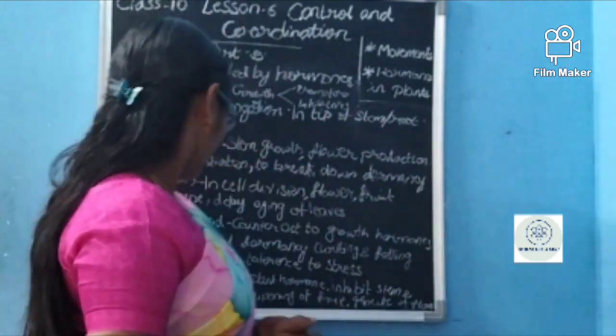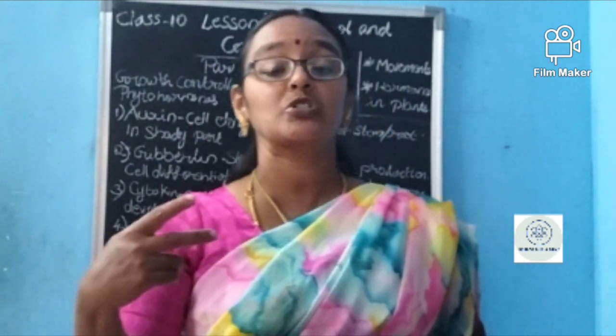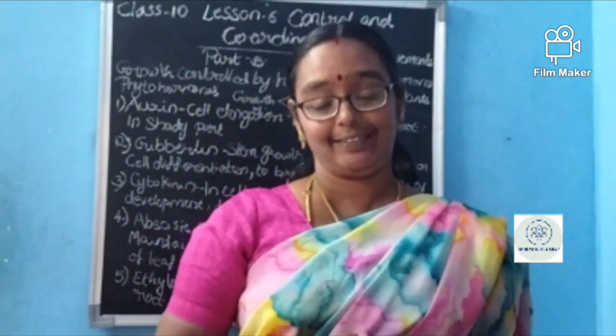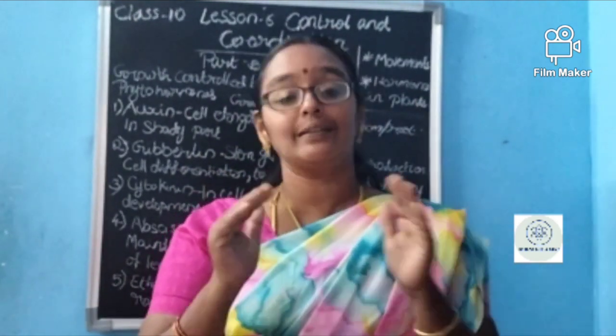Okay, ma? Then the fifth one, or the second growth inhibitor, is ethylene. It stunts the growth of the stem and the root.